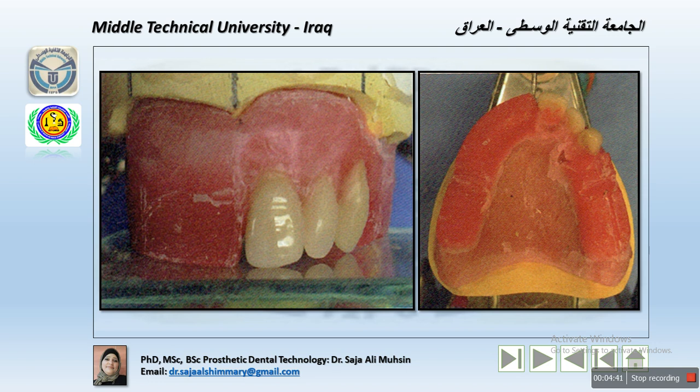The canine should be positioned to show its mesial aspect when viewed from the front, and the incisal edge should just touch the occlusal plane. In the image on the left side, we position the canine upright in a way that the mesial aspect is more prominent, because the canine is the key of the arch and is the turning point to start the setting of posterior teeth.